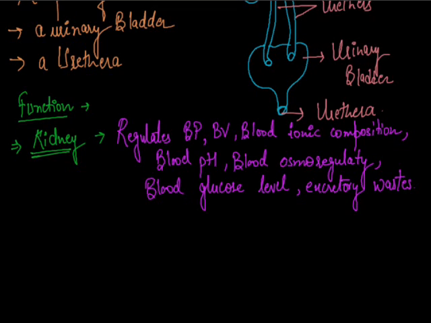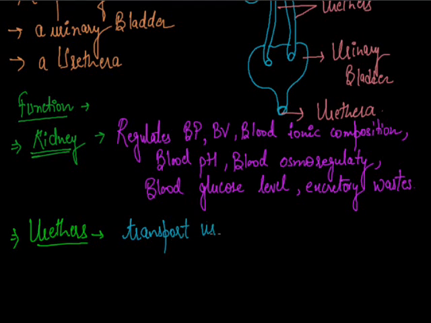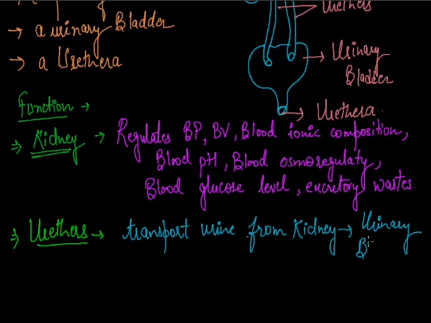Now the next, the function of ureters. They do not have much function. The only function of ureters is that they transport urine from the kidney to the urinary bladder.